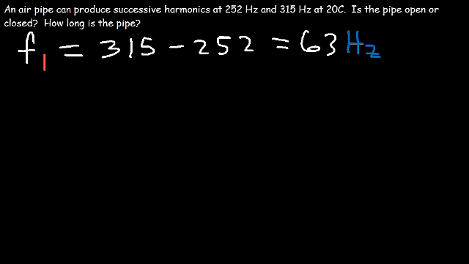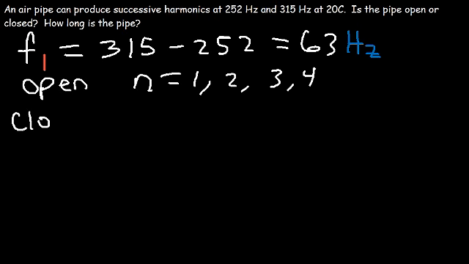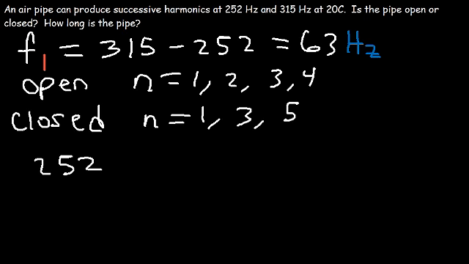Now keep in mind, if we have an open pipe, n could be anything. It could be even or odd. If we have a closed pipe, n can only equal odd numbers. So let's find out the n value for the harmonic at 252. Take that frequency divided by the fundamental and see what you get. 252 divided by 63 is 4.